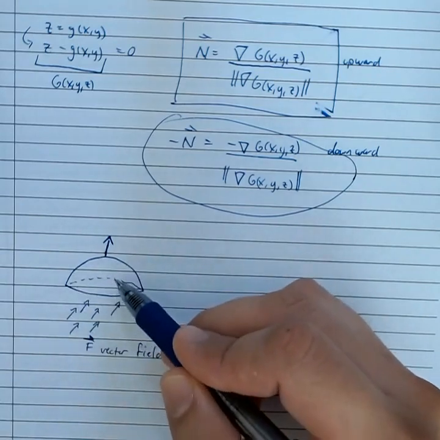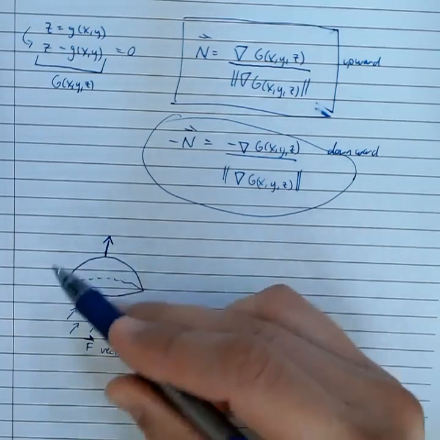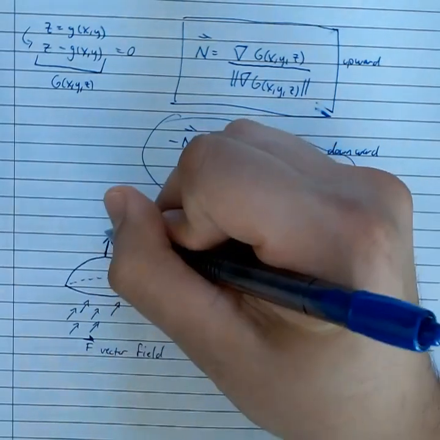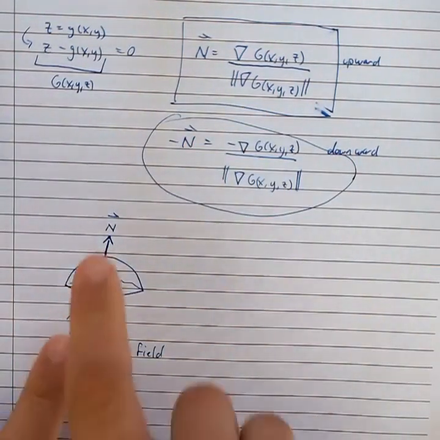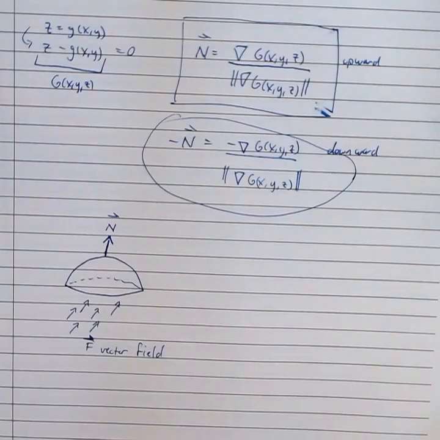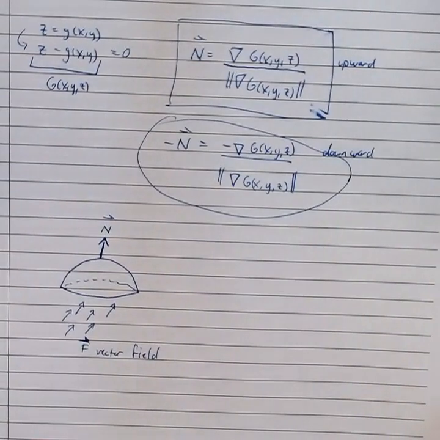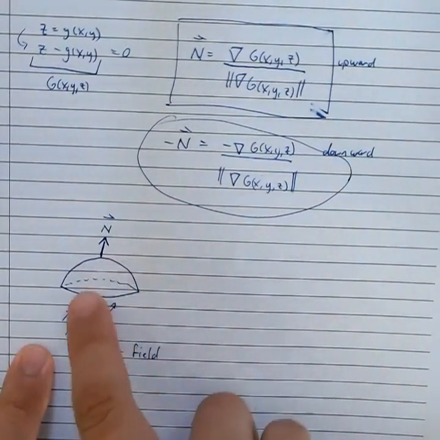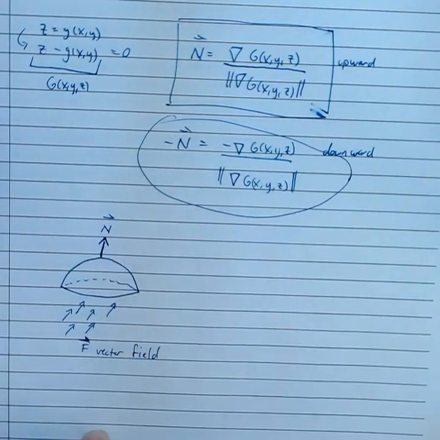Okay, maybe right here things are flowing this way, but maybe over here things are flowing this way. What happens overall? So we're going to need a concept of up and down or a concept of in and out or something like that. So we're going to have an orienting vector, and again, for our purposes, we're going to use the upward facing orienting vector. Okay, now I want to figure out how much of this flow is going in that direction.